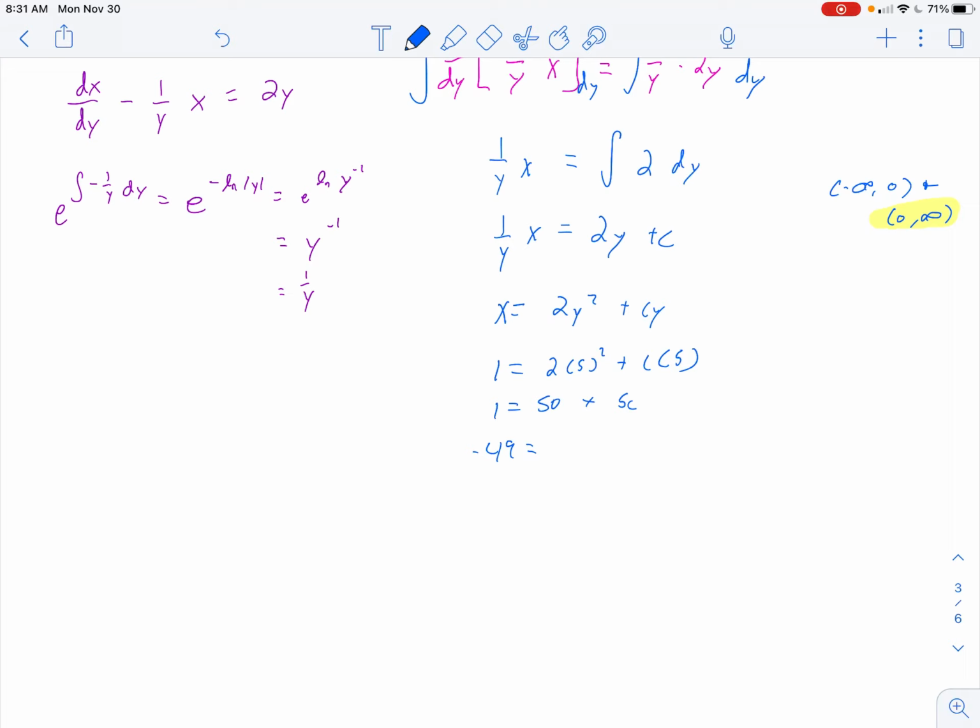So 5c, divide both sides by 5, so c is equal to negative 49 over 5.